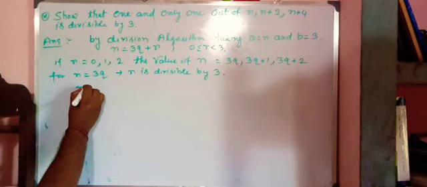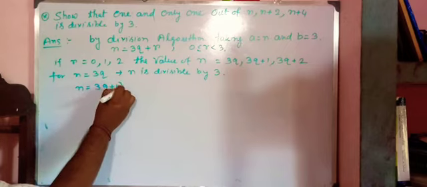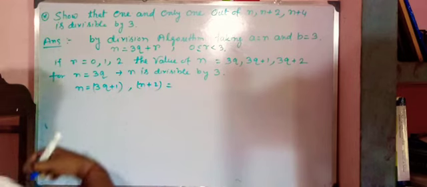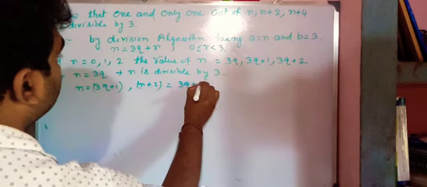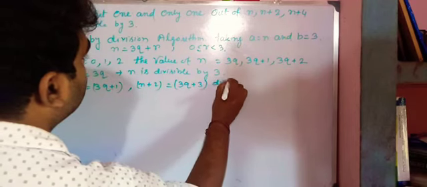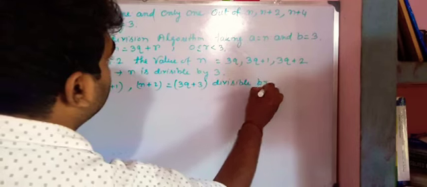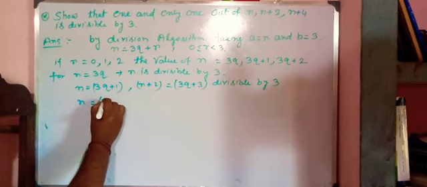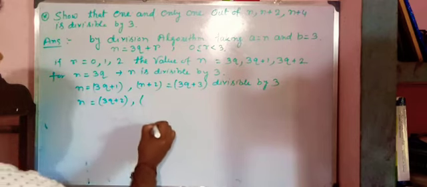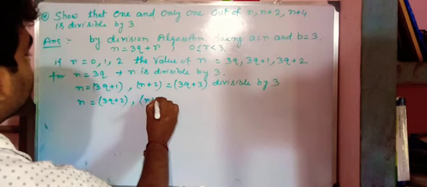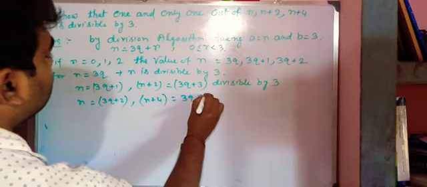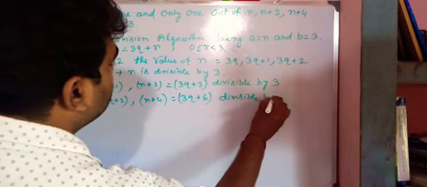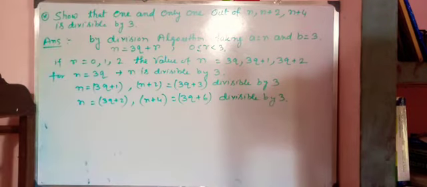Now for n equal to 3q plus 1, n plus 2 is equal to 3q plus 3, divisible by 3. For n equal to 3q plus 2, n plus 4 is equal to 3q plus 6, divisible by 3. So that's the proof.